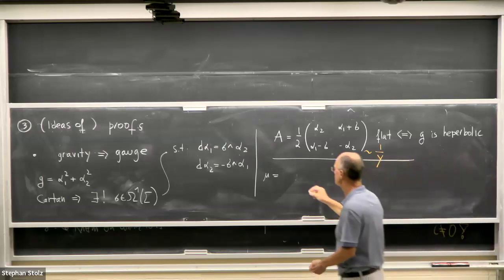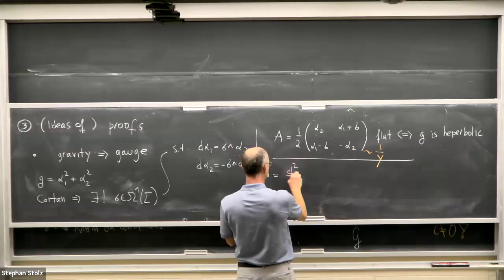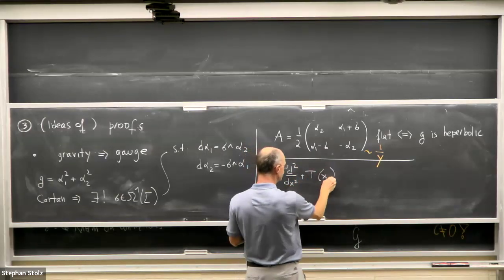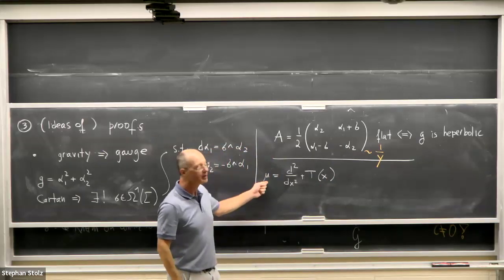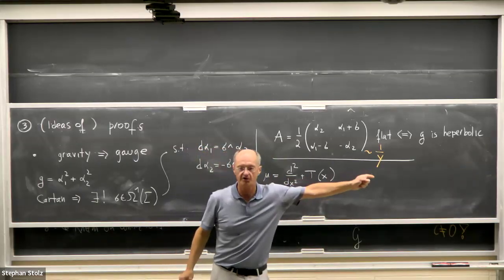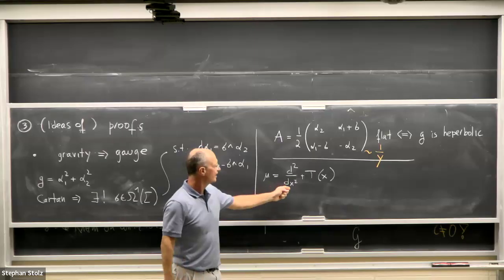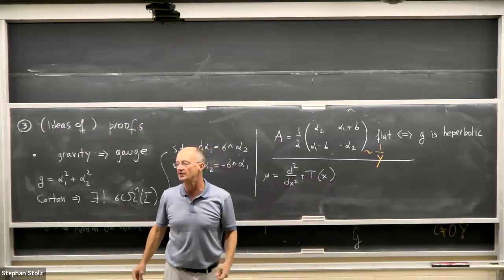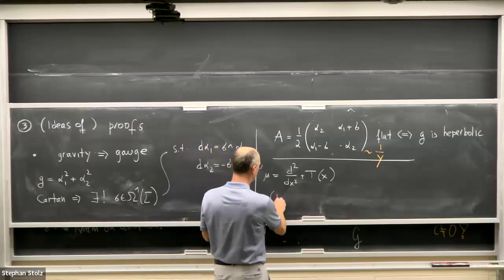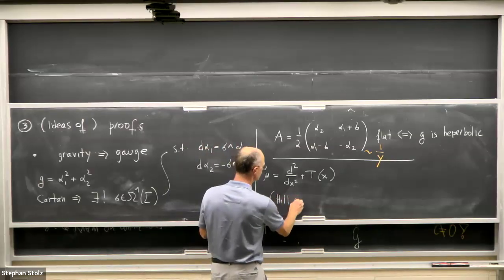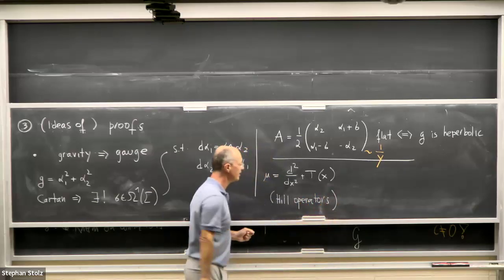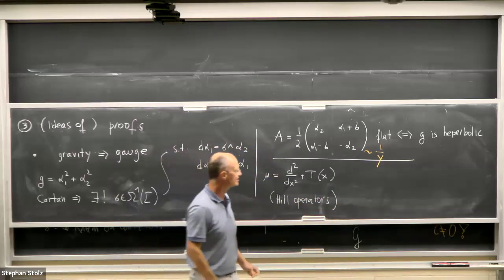I apologize to those who already attended one of my talks on a similar topic. That's always the same story. The moment map for the action of diffeomorphisms is naturally second order. You can arrange it into a second order differential operator on a circle. Such operators are called Hill operators. We'll come back to that in a second.